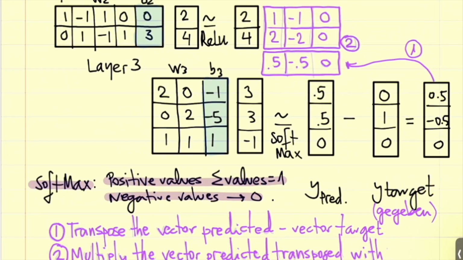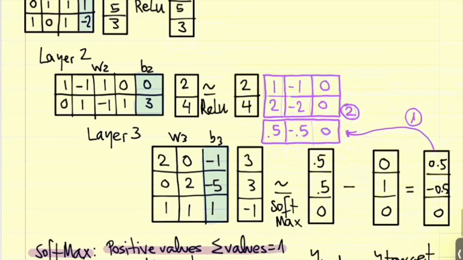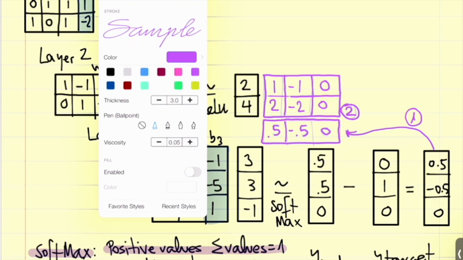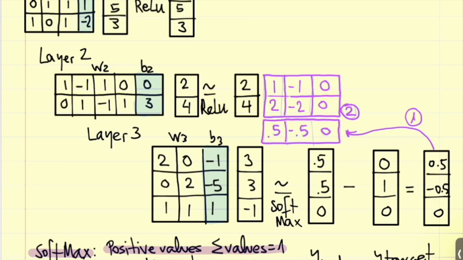The third step is to calculate, again, what we did before, the correction of this error. So this is the first step.